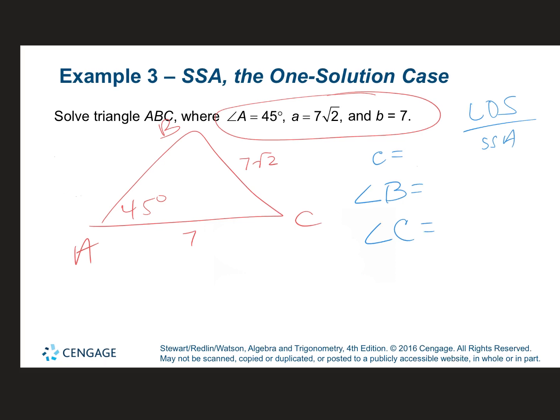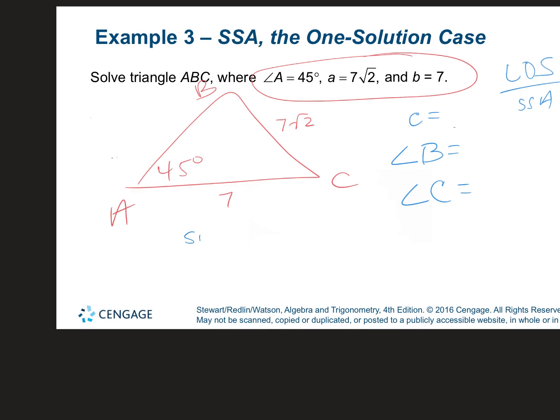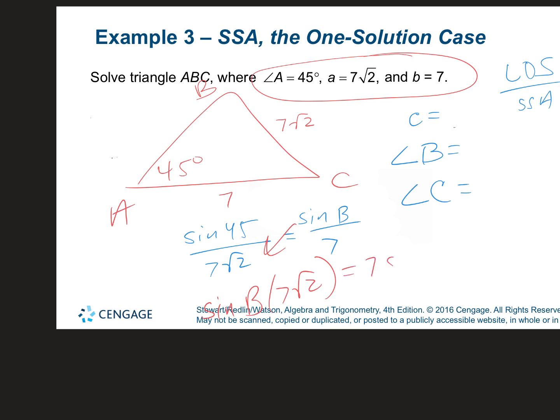So in this case, you would set this up and say sine 45 over 7 square root of 2 equals sine of B over 7. You guys agree? Because we're looking for angle B. So when we cross multiply, you have sine B times 7 square root of 2 equals 7 times the sine of 45.